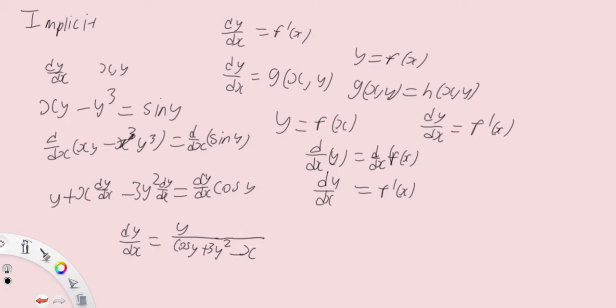Another example. We're not just limited to dy/dx, we can also find dx/dy. So let's say we have y over x equals e^y cosine x. Instead of finding dy/dx, we find dx/dy. Again, there's no clear function of x equals f(y), therefore our derivative is likely to be in both x and y.